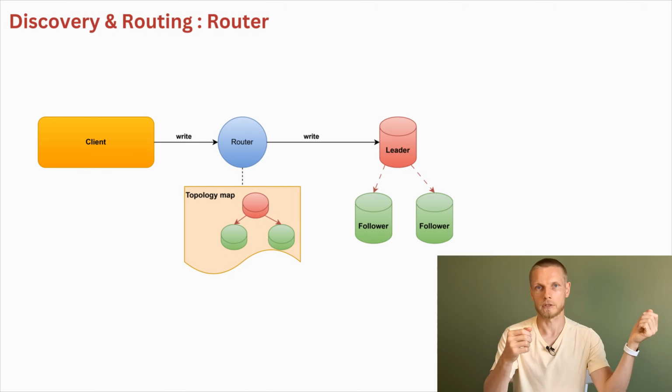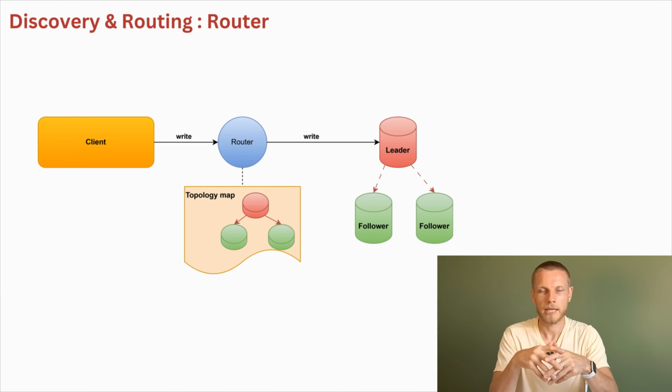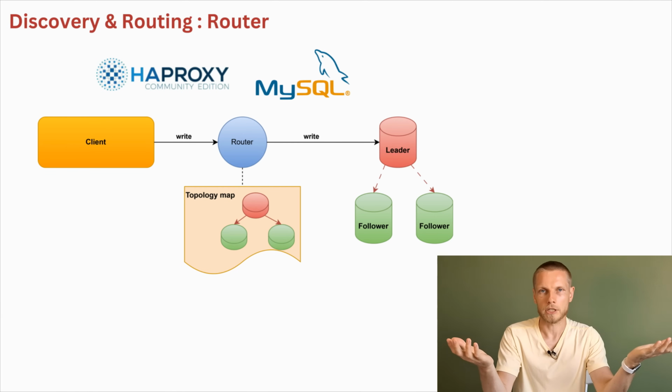Now clients could send requests to this router, and the router will route them to the specific node. In that case, all the logic related to routing and discovery will be placed inside of this router component. Examples of such an approach are HAProxy and MySQL Router.